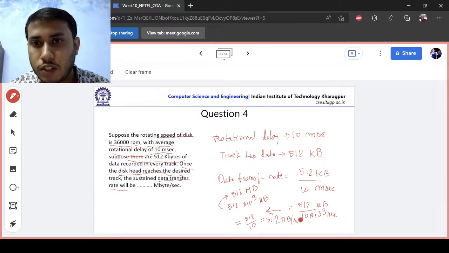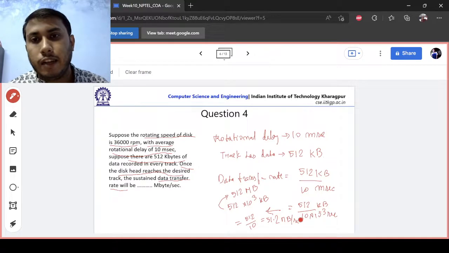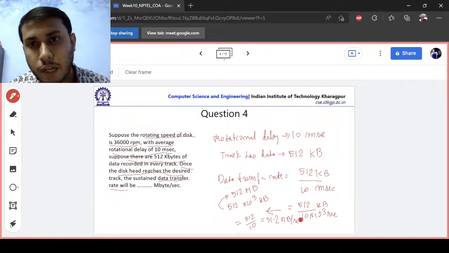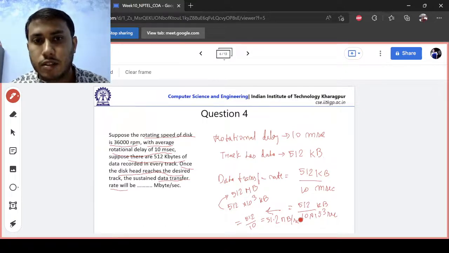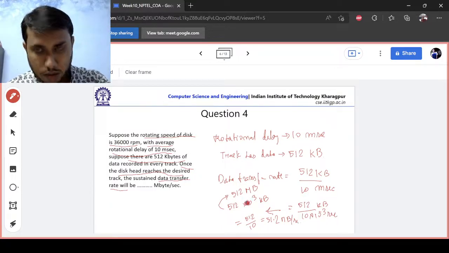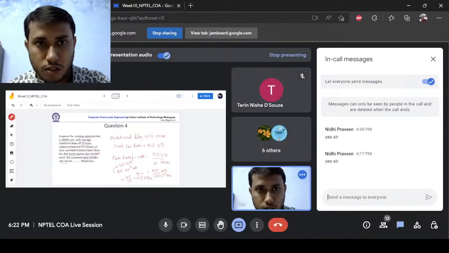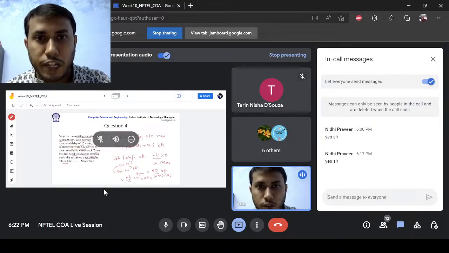For reaching the track, we need 10 milliseconds, and then the data transfer will happen. So data transfer rate will be 512 KB divided by 10 milliseconds, which will come down to 5.12 MB per sec. If you have any doubt regarding this, you can ask.